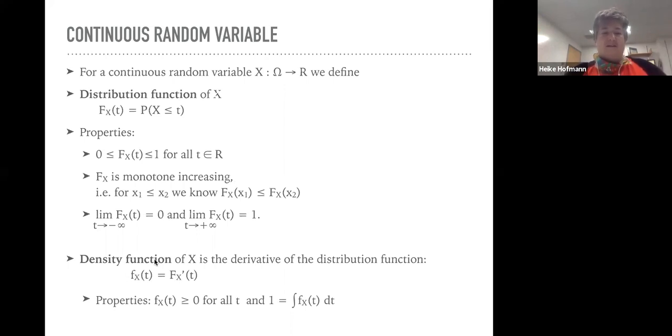The density function is actually very close to this probability. But the probability that x is equal to t is going to be 0 for every single t. And that's because we're in this space of real numbers.